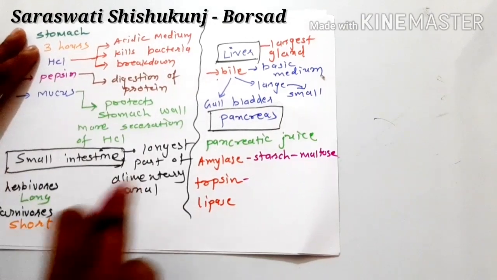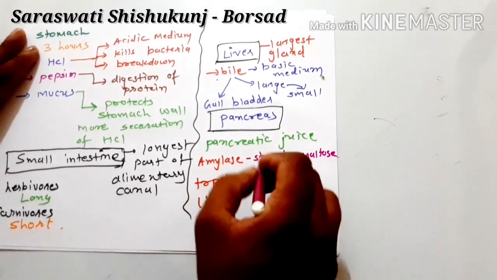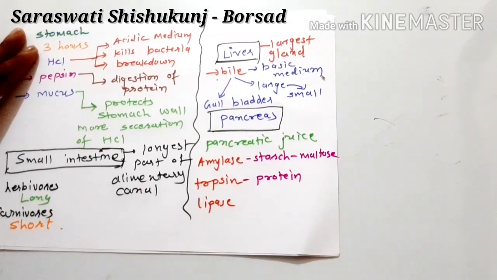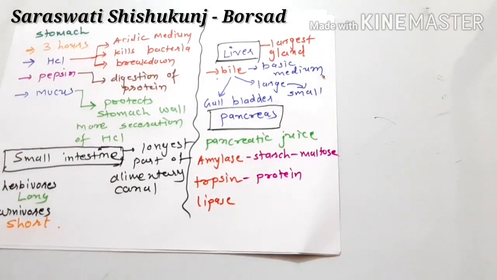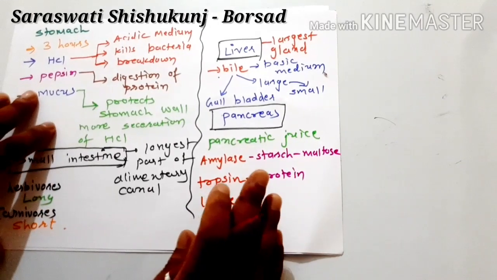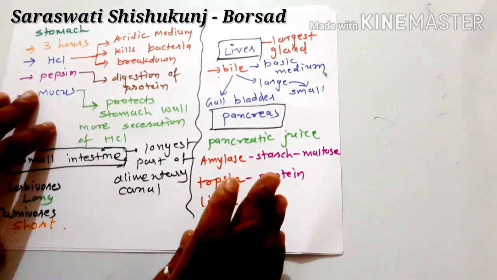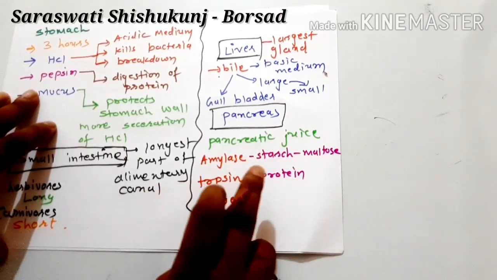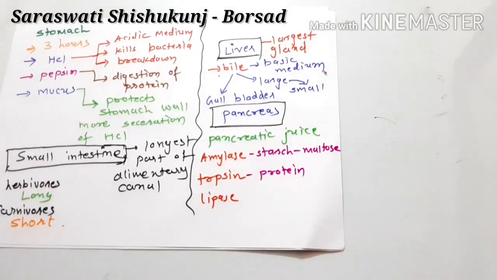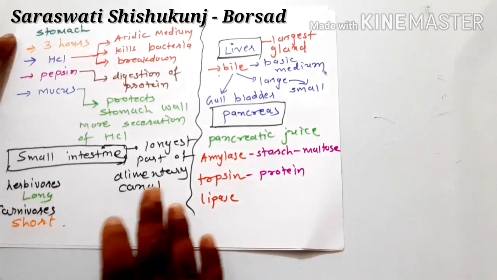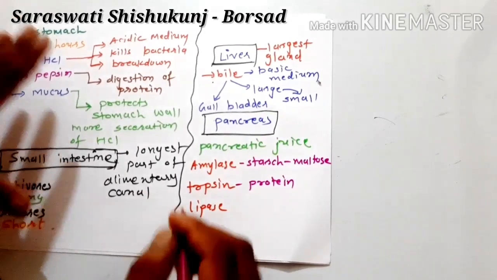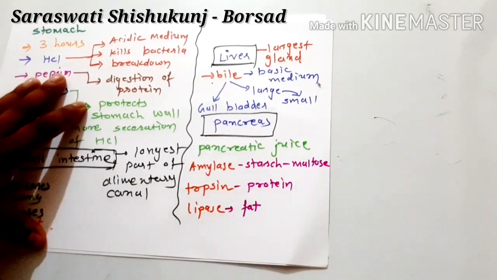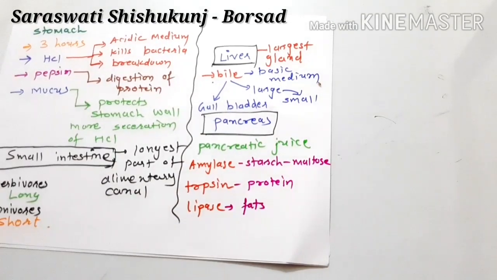Trypsin is important in digestion of protein, and afterwards it will be converted into easily absorbable compounds. Trypsin will activate the pepsinogen, which is useful in digestion of protein. Lipase is useful in digestion of fats.